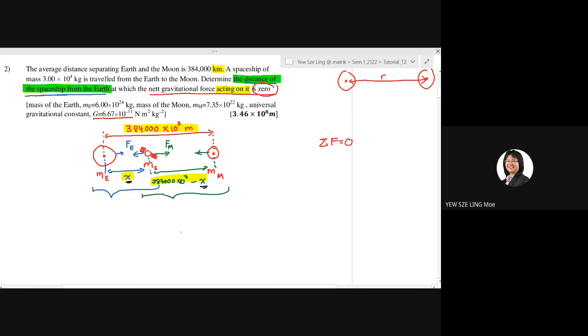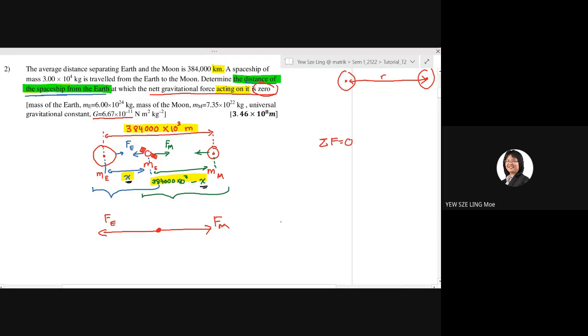Now, what is the free body diagram for the spaceship? If you look at the spaceship, this is the object. There are two forces acting on it. One is Fm, another one is Fe. And both of them are pointing in opposite directions. So in that case, what am I going to do?